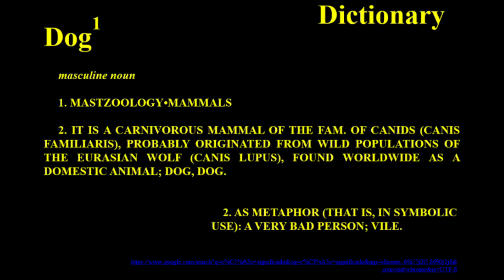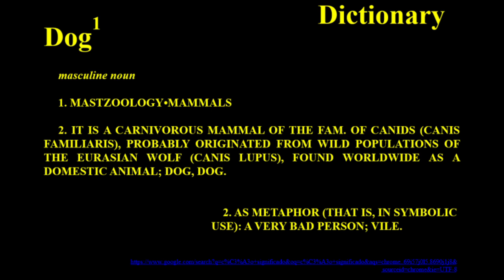And the dictionary doesn't always help us. But let's see. The dictionary says that dog is a male noun studied by biology in the field of mastology, mammals. 2. Is a carnivorous mammal of the family of canids, probably originated from wild populations of Eurasian wolf, found worldwide as a domestic animal.